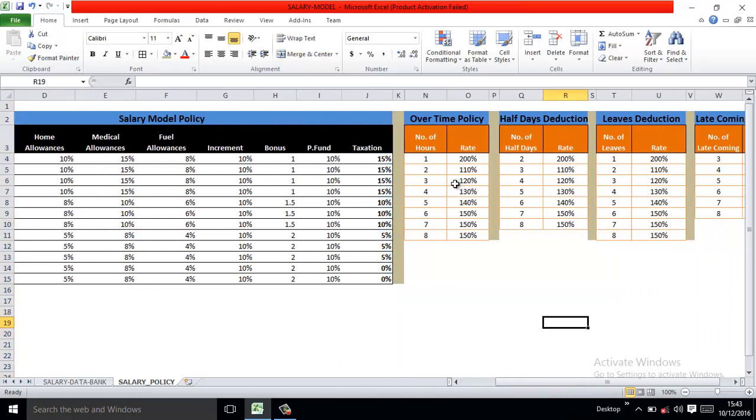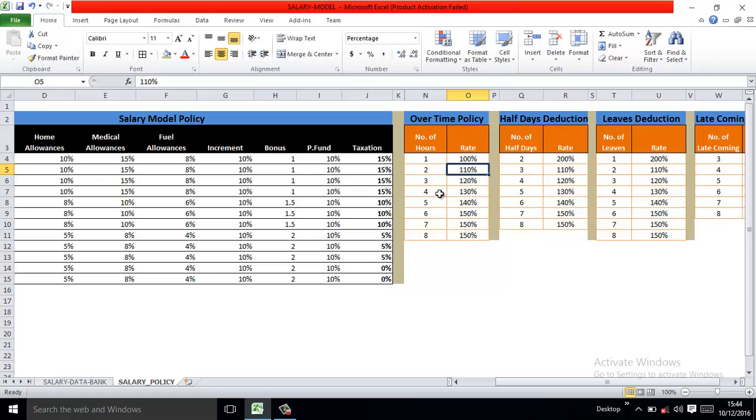We assume that if an employee is working 1 hour, he is getting 100% rate of 1 hour of the basic salary. And if he works for 2 hours, then 10% additional of the 1 hour basic salary. And if 3 consecutive hours, then he is getting 20% additional.